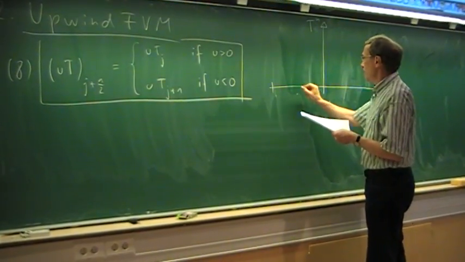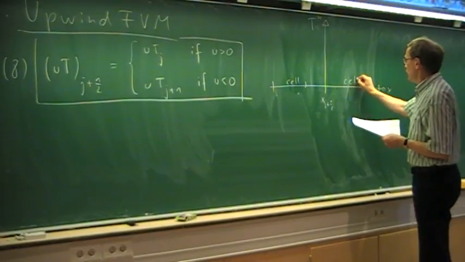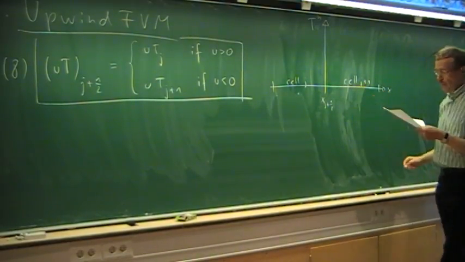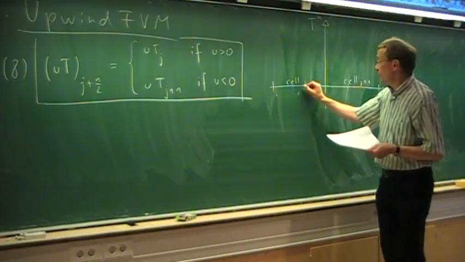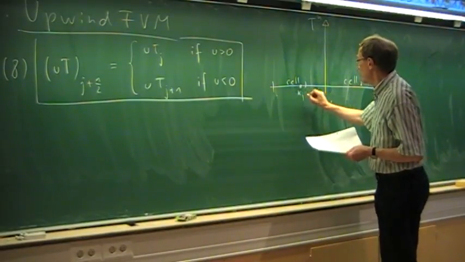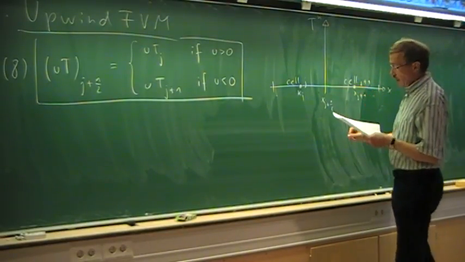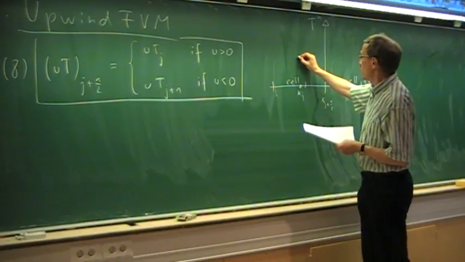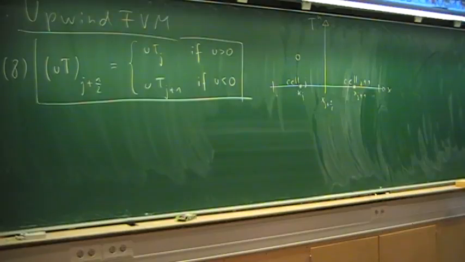Here we have the cell j, and here we have the cell j plus 1. So then we have argued we are at the midpoint, we have xj, here we have xj plus 1, and we have some values. For example, the midpoint is here, and there we have our cell average located.